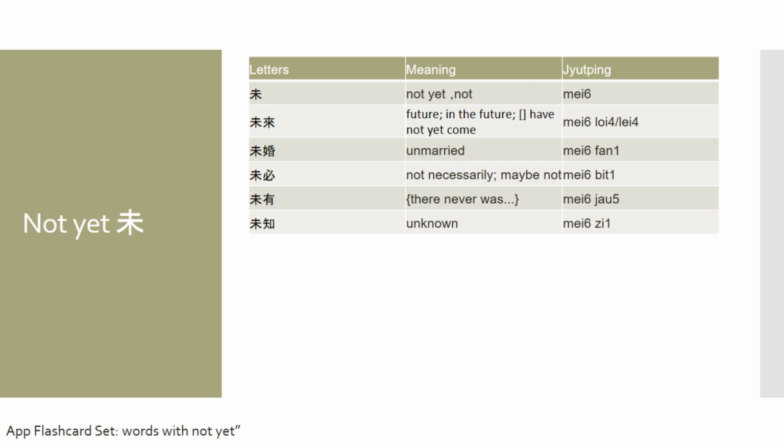Unmarried is mei fan. Not necessary, or maybe not, is mei beat. There never was is mei yao. Unknown is mei ji.